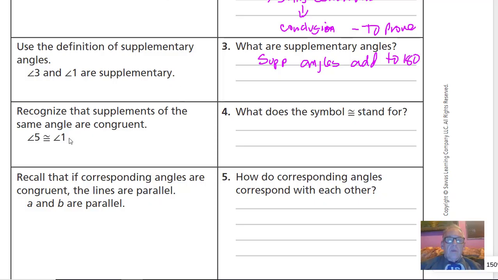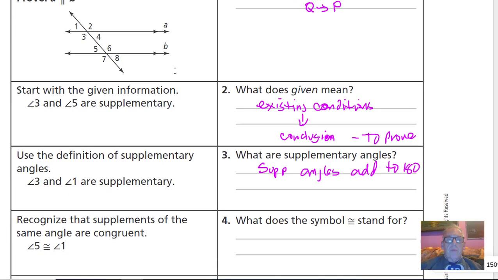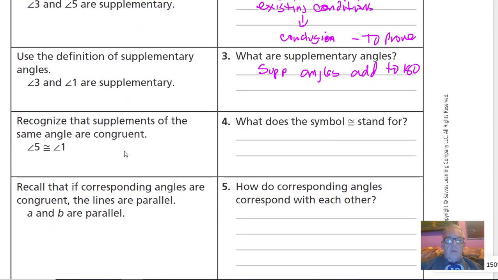Okay, recognize that supplements of the same angle are congruent. Angle 5 is congruent to angle 1. That's corresponding angles are congruent. If two angles are supplementary to the same or to equal angles, then they are congruent to each other. This is the congruent supplements theorem from last chapter.